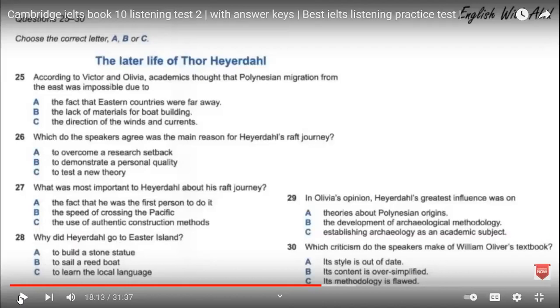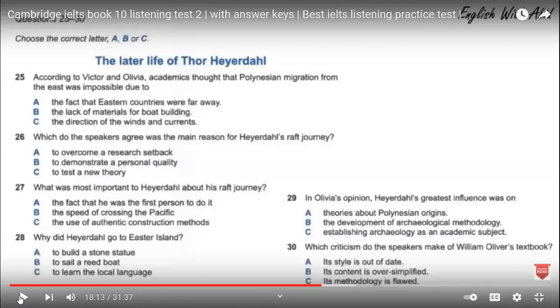And 27? What was the most important? I think it's B. Sir, it's C. The use of authentic construction. C. Yeah. It will be C.